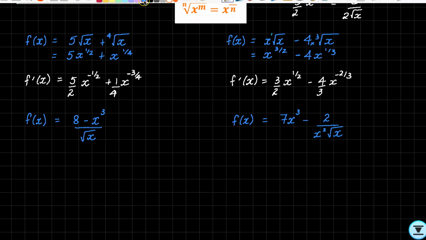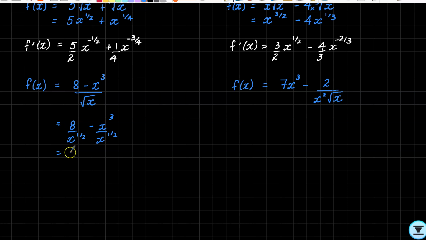Okay, we keep going. When we look at this one, like we did before, we had a fraction in the previous video and exercises. So we are going to divide each one of these. This is going to be 8 over root x, which is x to the half, minus x cubed divided by x to the half. So you could leave this line out if you're pretty confident.